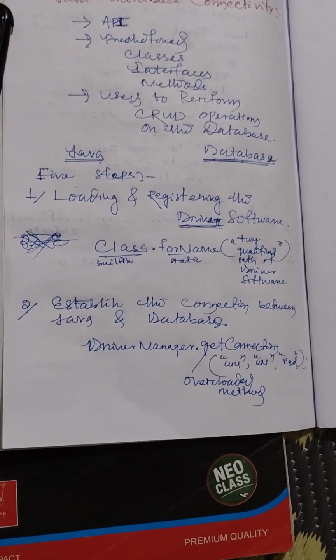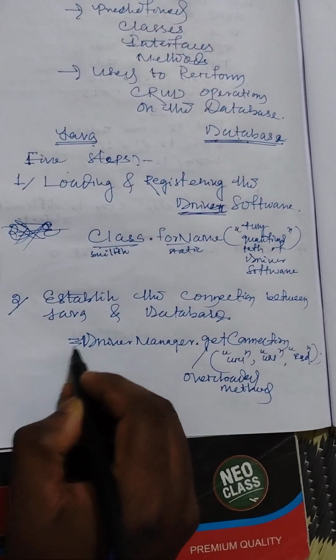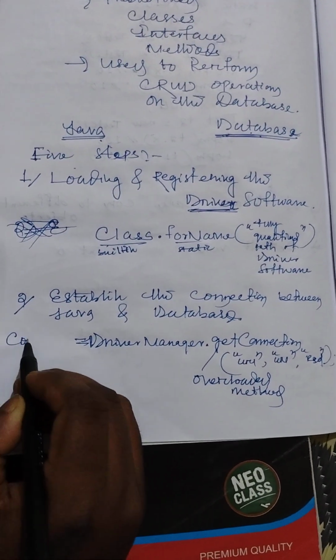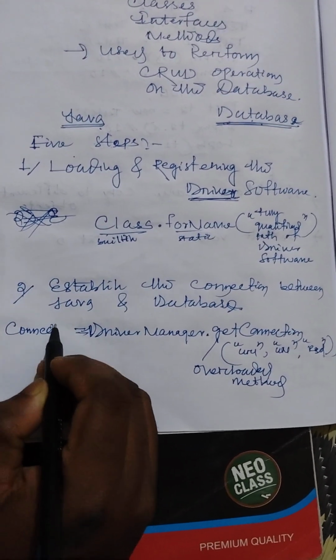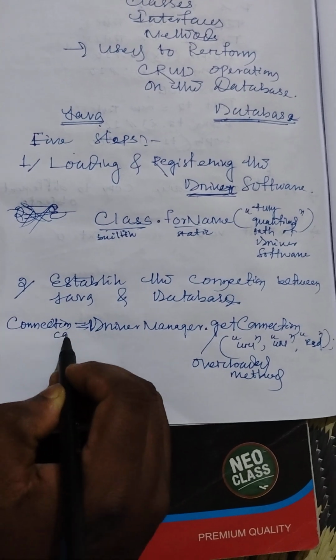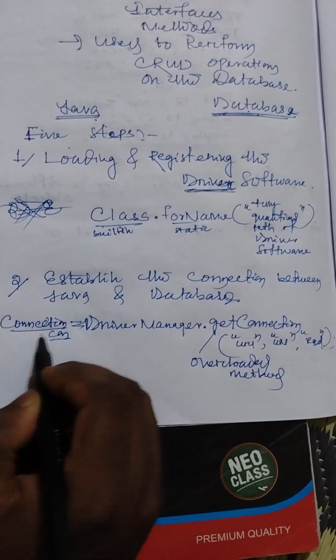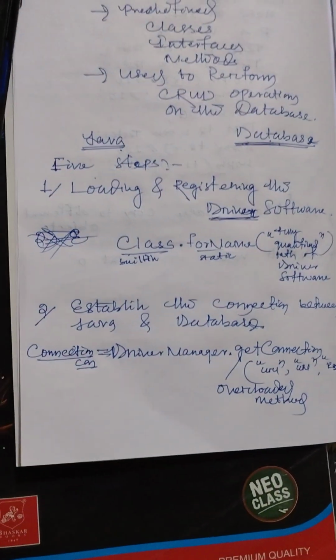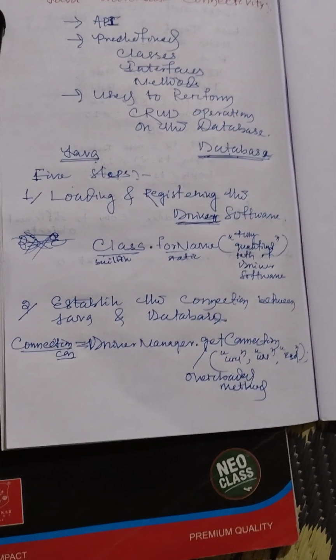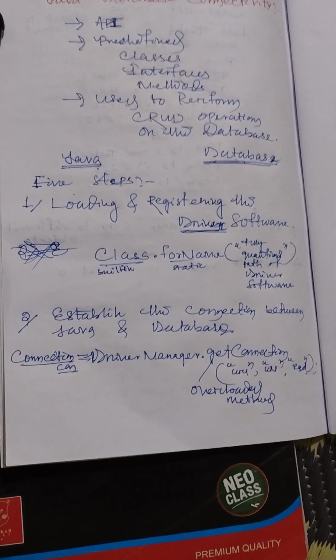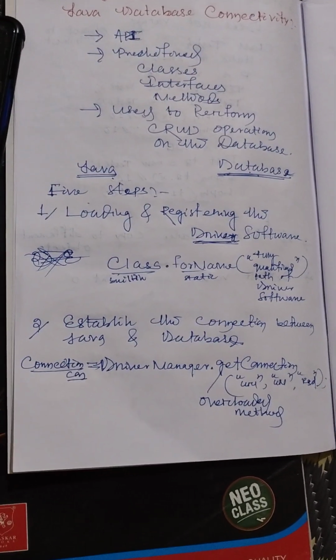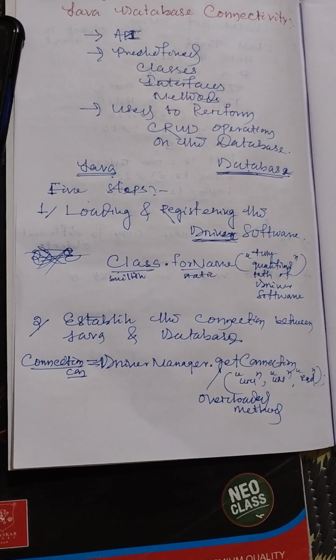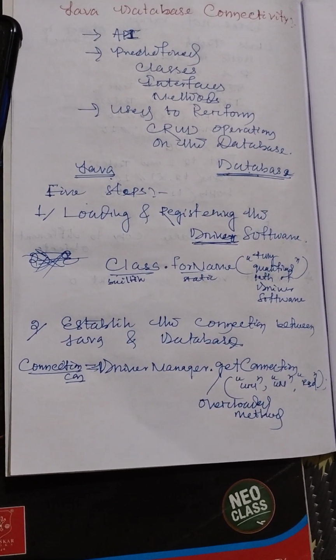It returns an interface type, Connection. Connection is an interface, so we hold the returned object in a Connection reference variable. So this is the second step.